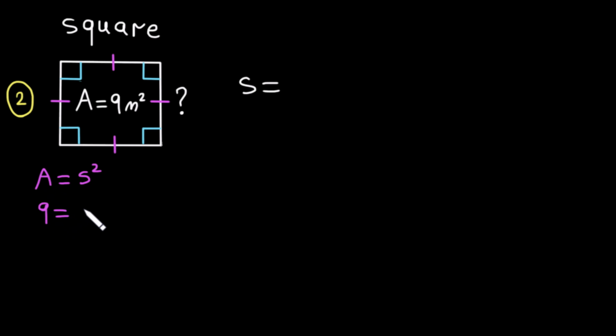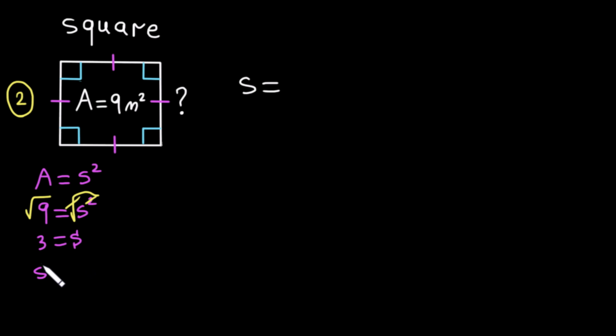9 equals s squared. We want to find this s, the side of this square. We take the square root of both sides. The square root cancels with the square, so here the square root of 9, which is 3, equals s.